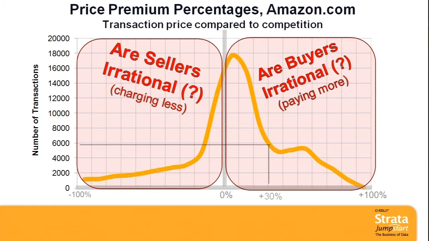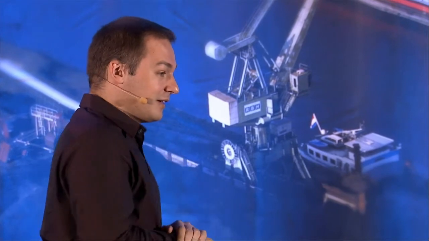Why should I discount my product 20 or 30% compared to the competitors in order to make a sale? In principle, everything should have been very close to 0%. Everyone should have had approximately the same price. So why does this thing happen?